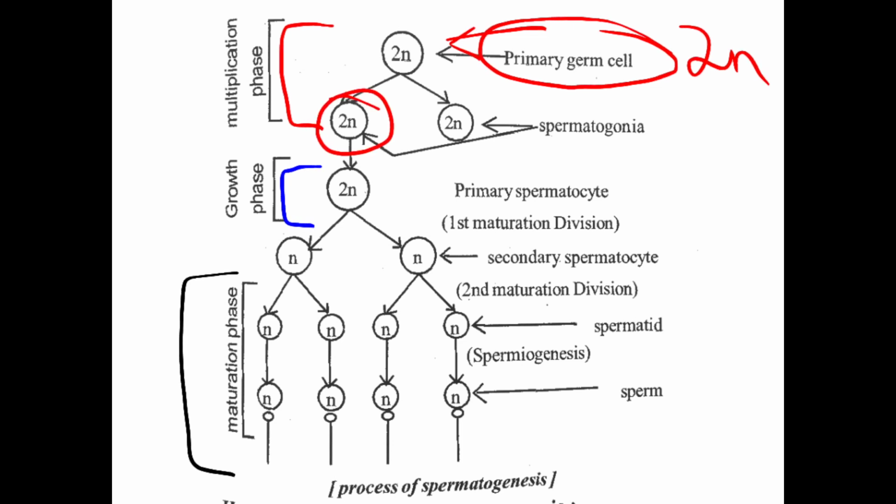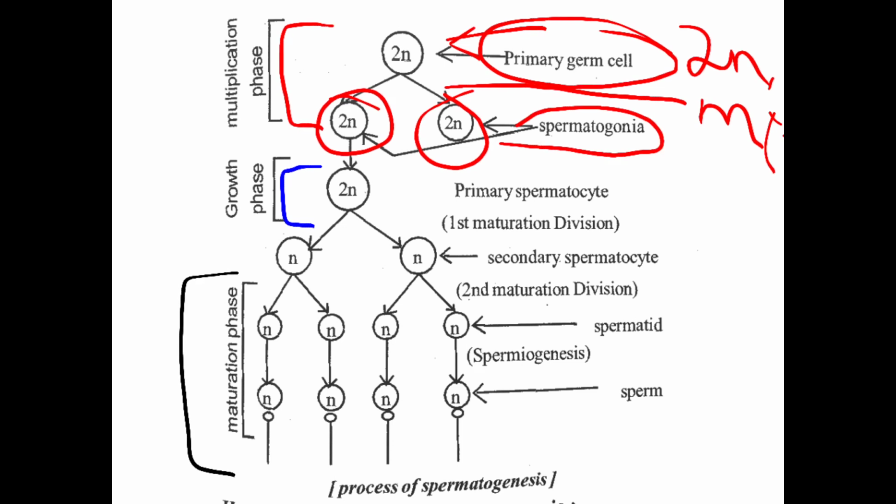The spermatogonia undergo the multiplication phase, that is mitotic division. After the mitotic division, we get two spermatogonia.